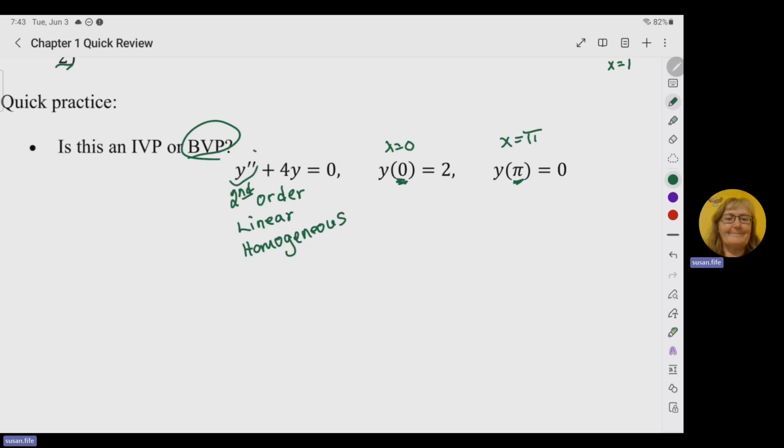Second order because you have a second derivative. It's linear because y double prime is linear. 4 times y is linear. It is homogeneous because you don't have any terms that are functions of x if x is your independent variable.